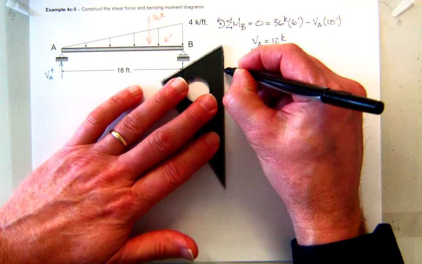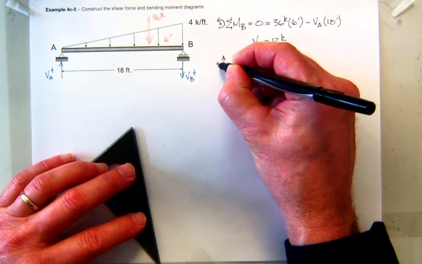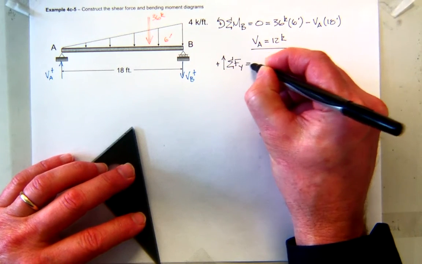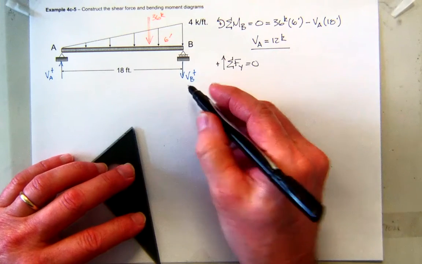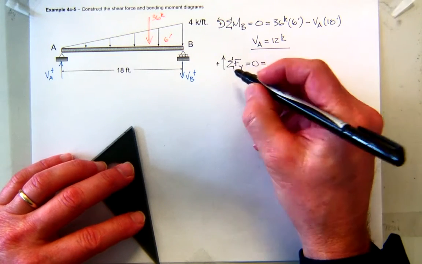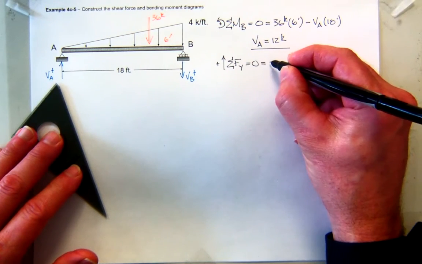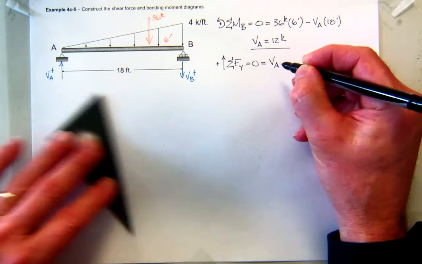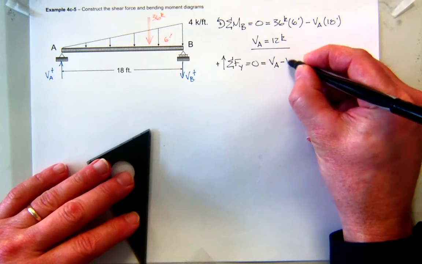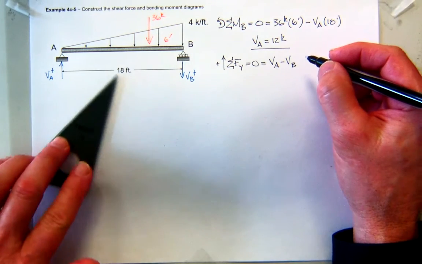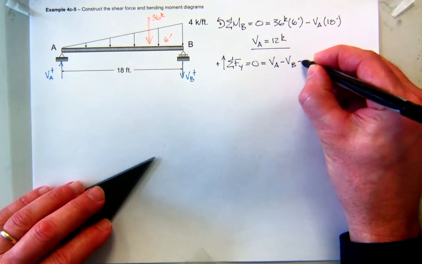Now, since I have one of my vertical forces, I can just sum forces in the y direction and make sure I'm in equilibrium to find the shear at B. So I'm going to assume up is positive. So starting at A, I've got a positive force that's up, so that's shear at A. I have a force that's down, that's the shear at B. And my 36 kip force is also down.